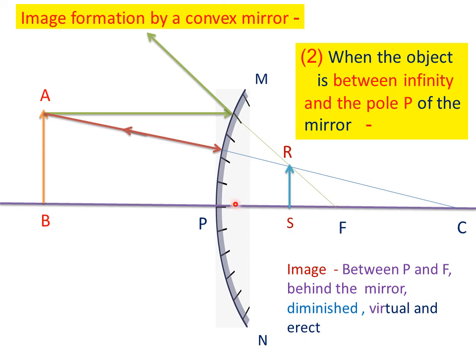We observe that this is a virtual and erect image. So when the object is between infinity and the pole of the mirror, the image is between P and F behind the mirror, virtual and erect, and also small in size. Thanks.